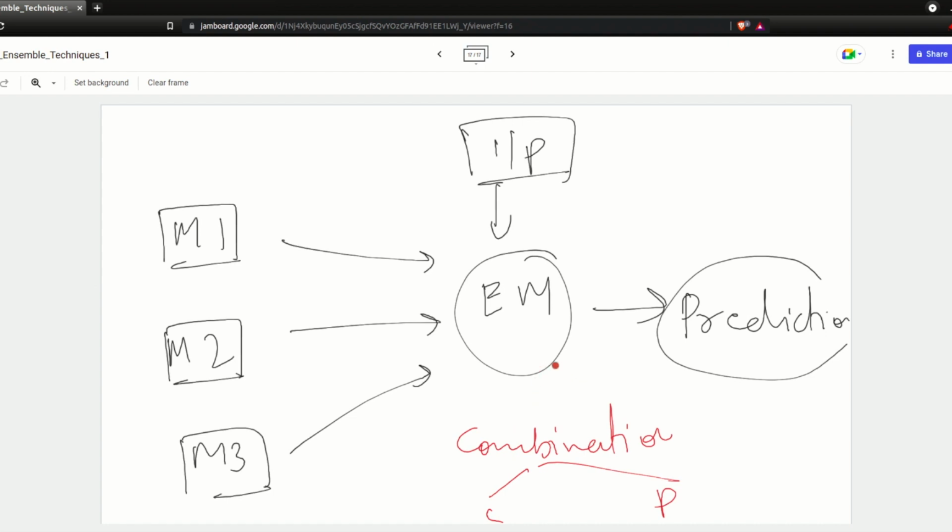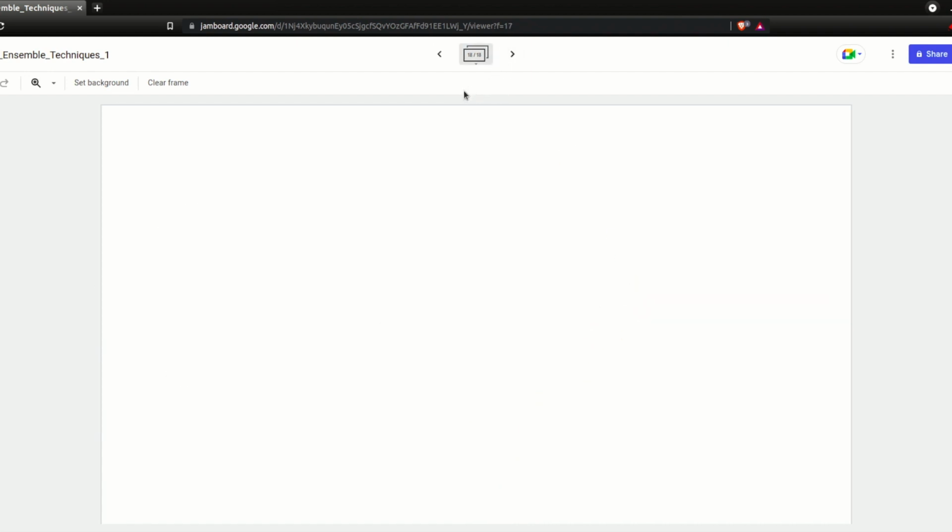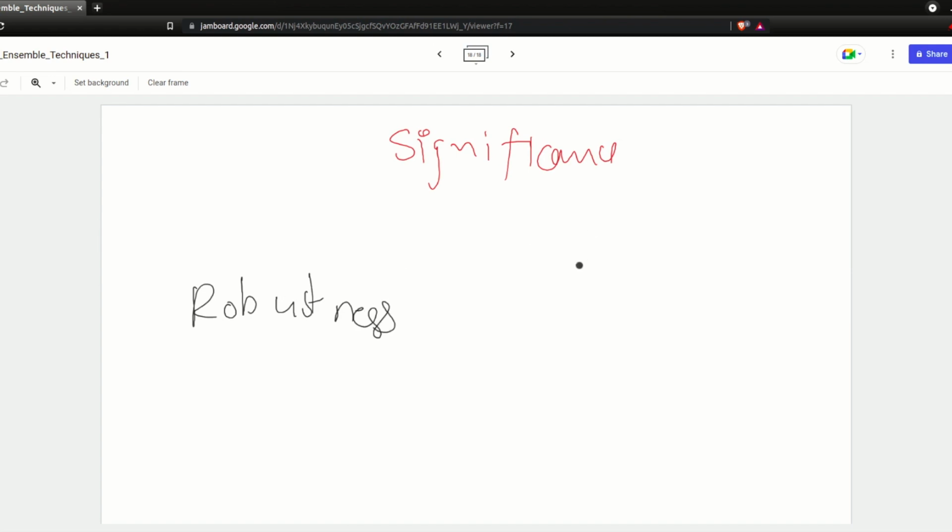Next, why and how is it important? There are two factors in the significance of ensembles: robustness and accuracy.